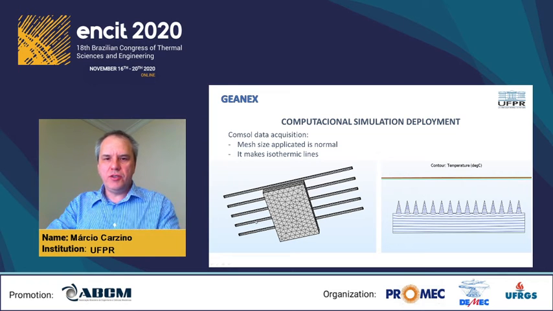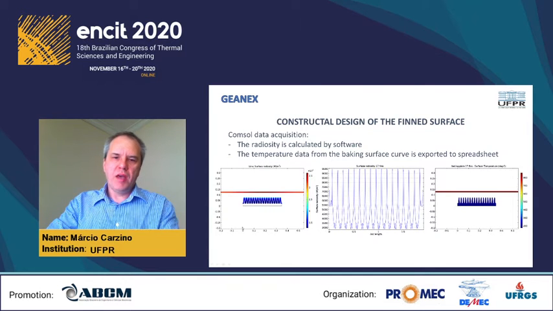This slide shows a normal mesh applied in the simulation and isothermal contour lines in a pyramidal profile with 15 fins. And this slide shows the radiosity profile calculated by COMSOL software, and the temperature data is exported to a spreadsheet.